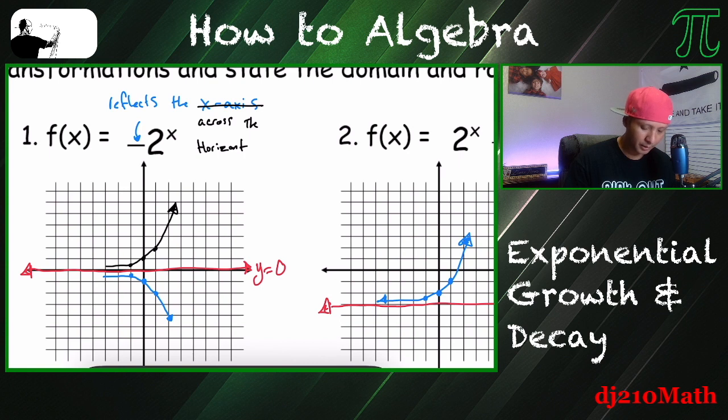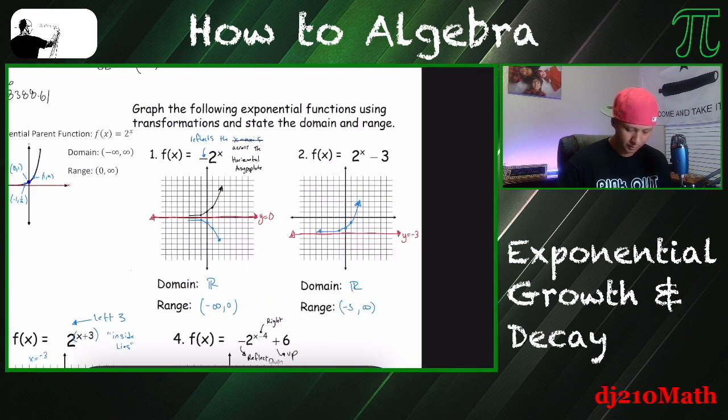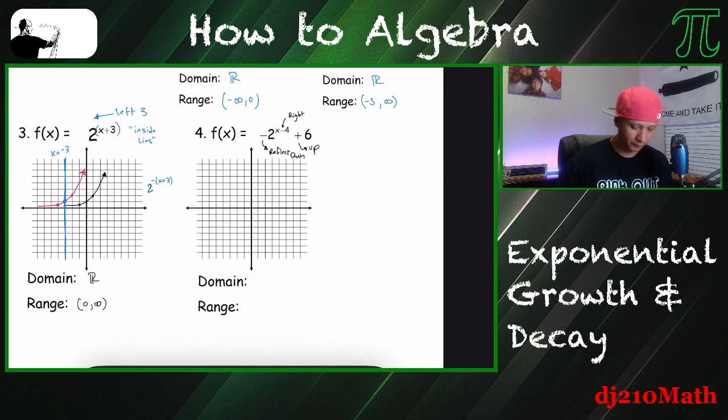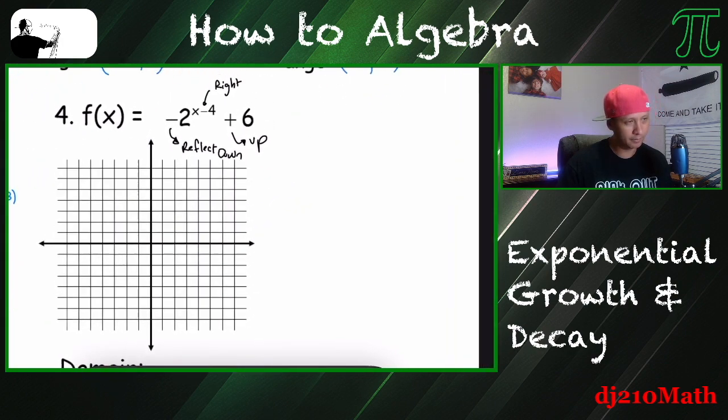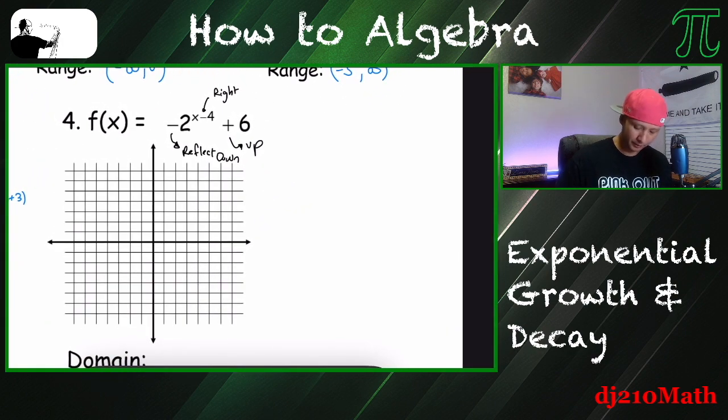That's more accurate. Horizontal asymptote. So this y equals 0 line. So what I'm saying is that for 4, it's going to reflect it across y equals 6, right? Because the horizontal asymptote is going to get shifted up. 1, 2, 3, 4, 5, 6. So here's y equals 6. This is the horizontal asymptote. And we know that it's going to be reflected down.